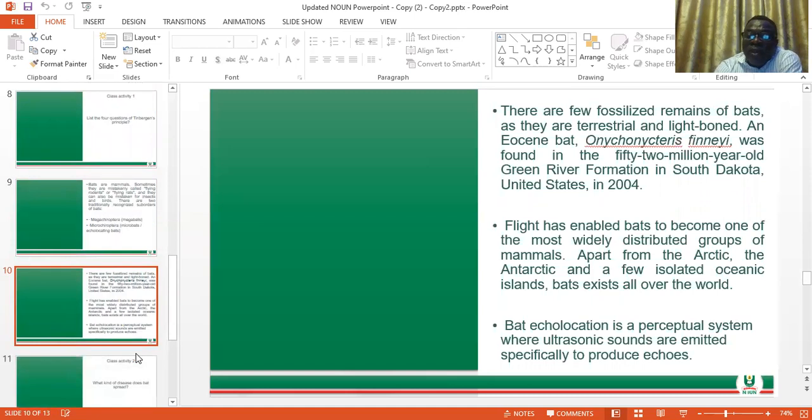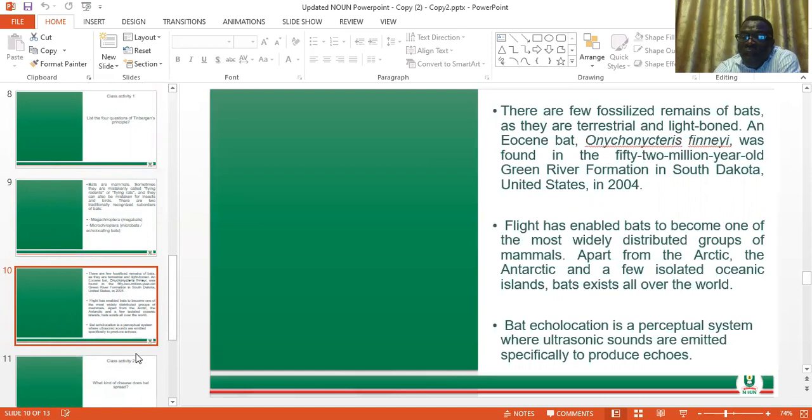We talked about the few fossilized remains of bats that are only found in fossils, such as bats about 52 million years old found in the US.